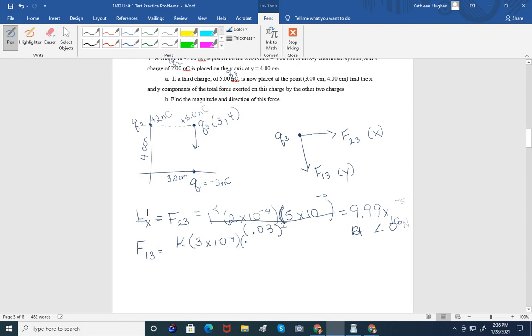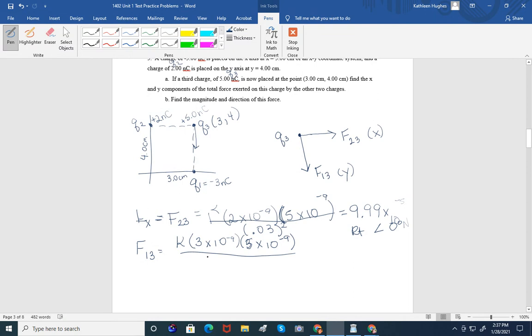Q3, I said that wrong, Q3 is 5 nanocoulombs. They have a distance between Q3 and Q1.